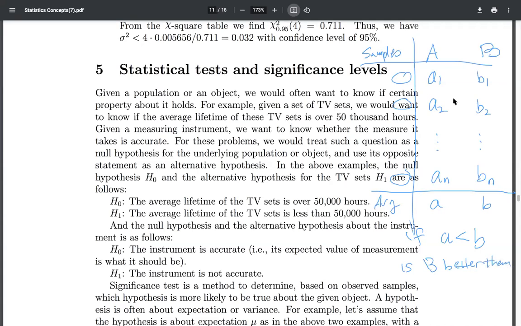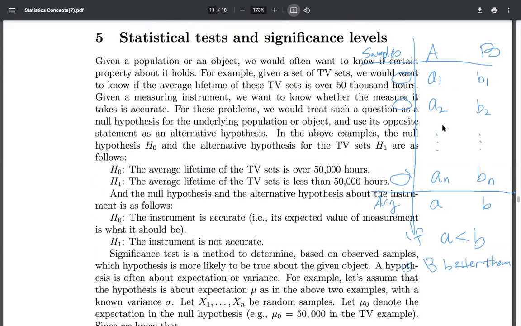Usually, for most people, if you get down to this, you would say yes, B is better because it has the better average value.